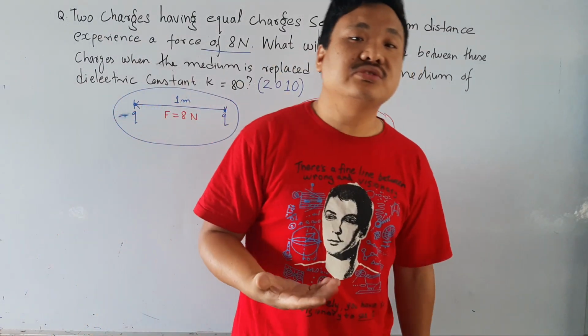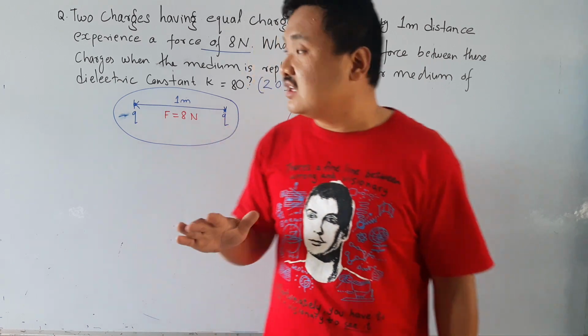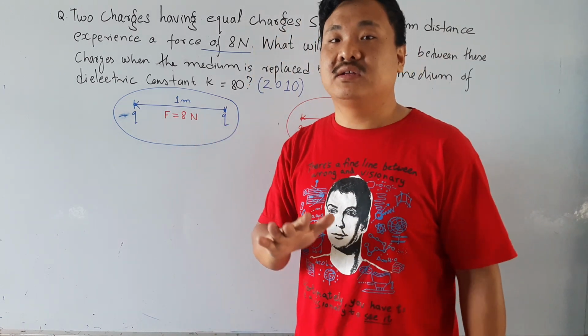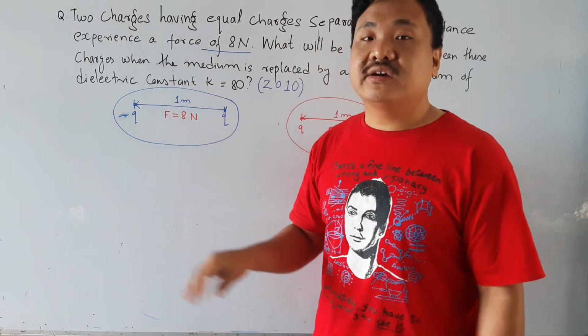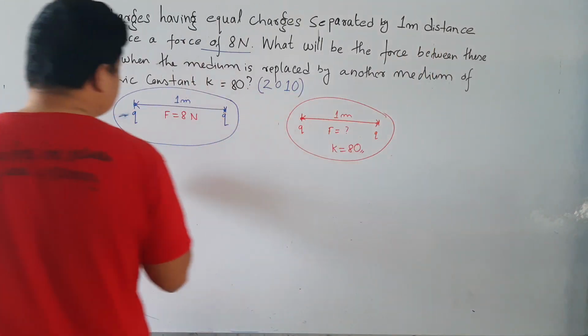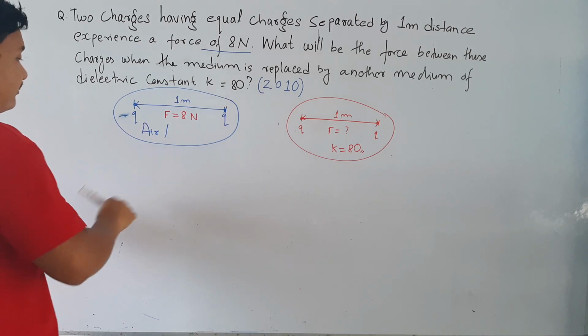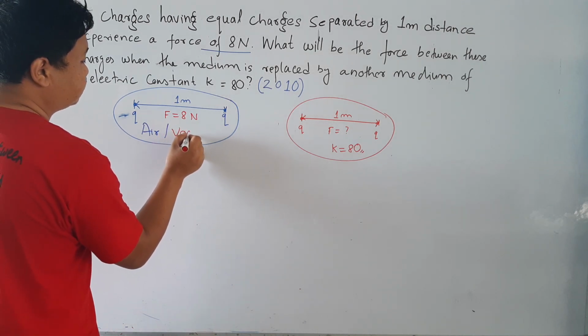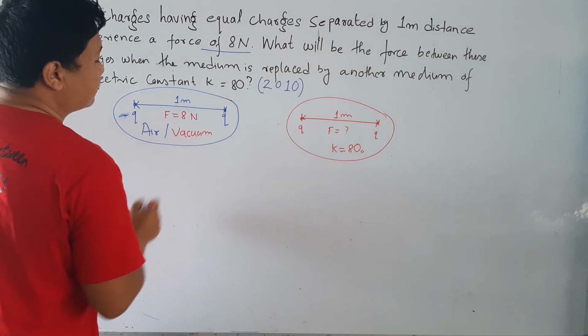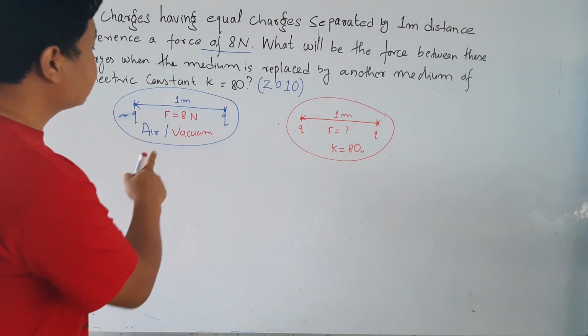Whenever the medium is changed, it means that this was in air. Please remember, this was in air or vacuum. Please remember this one, okay. So it was in vacuum.